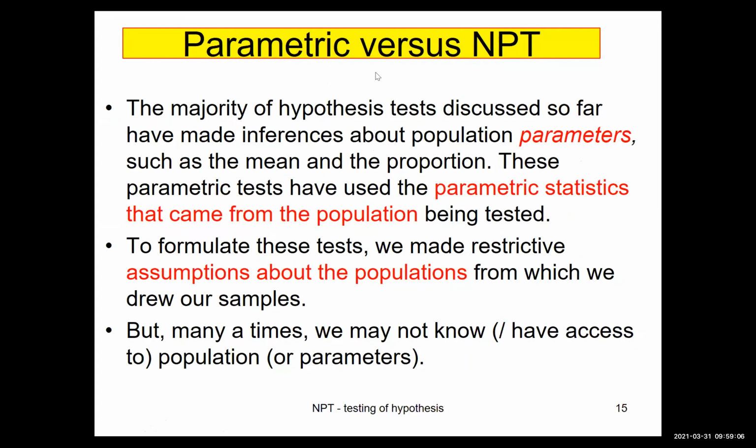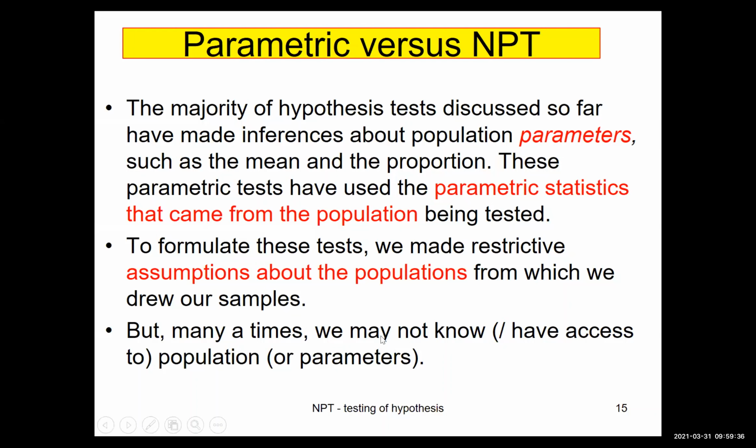Now coming to non-parametric and parametric, this I have taken from Levin's book. As I briefly suggested, earlier hypothesis testing used parameters. Parameter means population information, mu, standard deviation, all those are parameters, and those are called parametric tests.